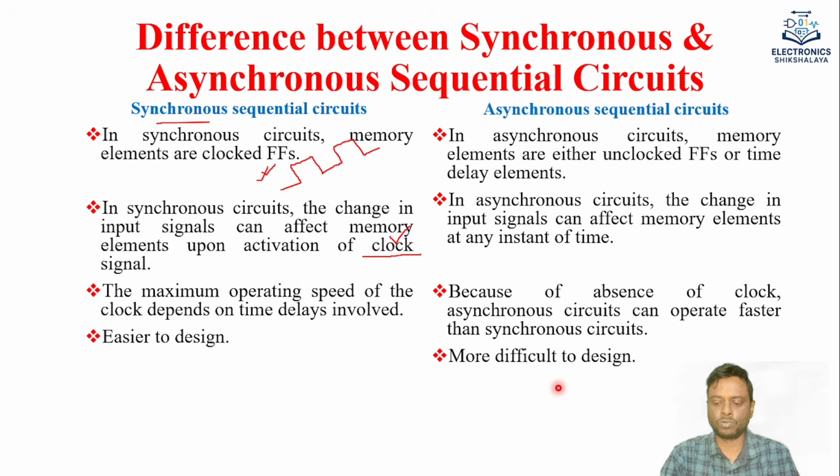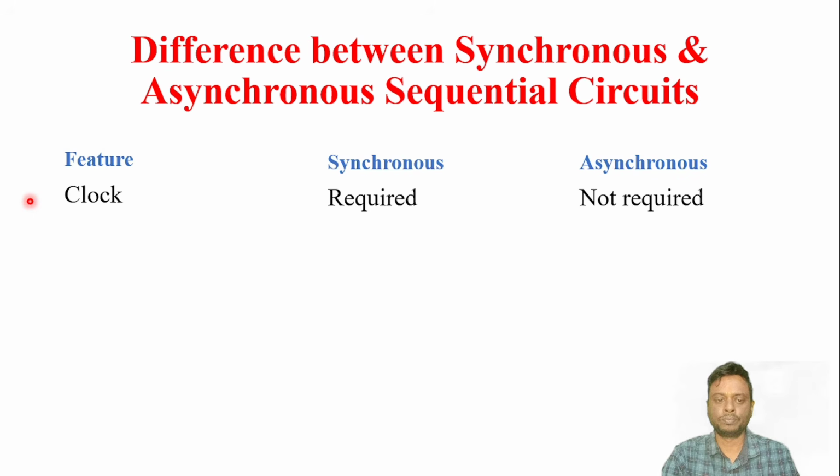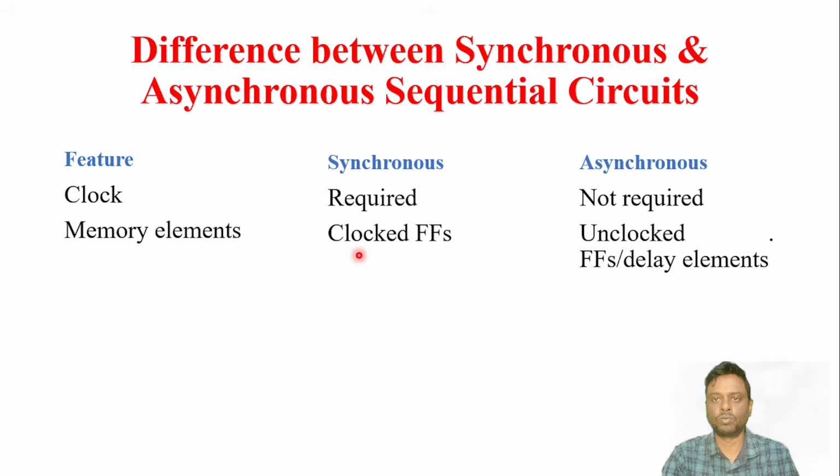So let us differentiate synchronous and asynchronous according to some features. A clock pulse is required in a synchronous circuit. A clock pulse is not required in an asynchronous circuit. In synchronous circuits the memory elements are clocked flip-flops, and in asynchronous circuits there are unclocked flip-flops or delay elements.